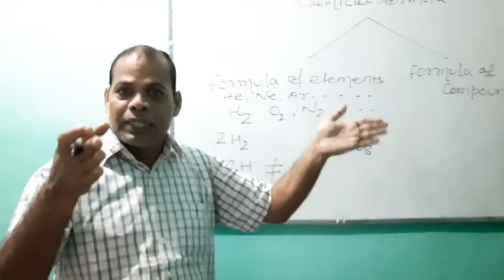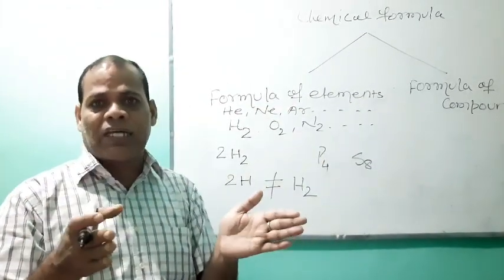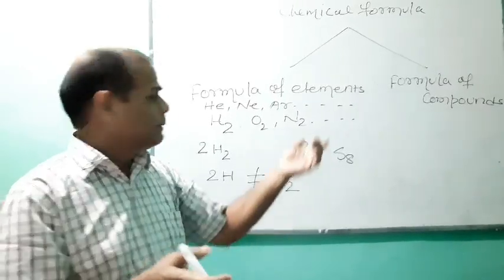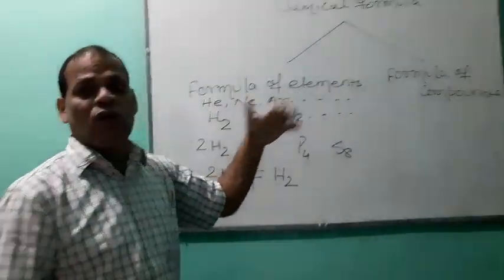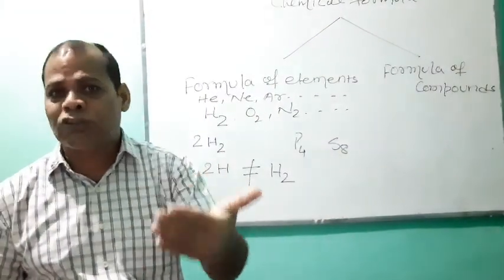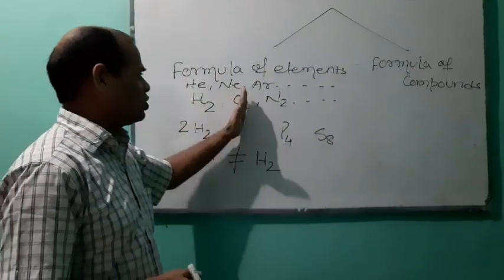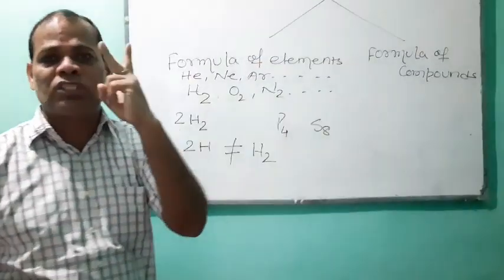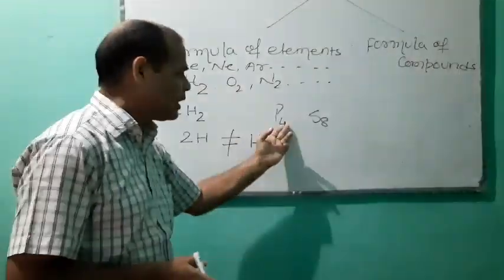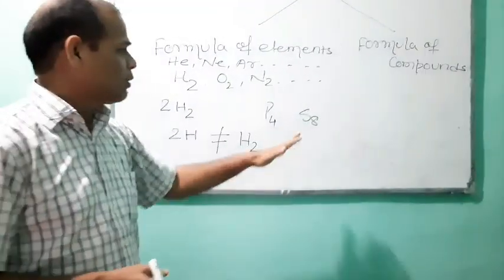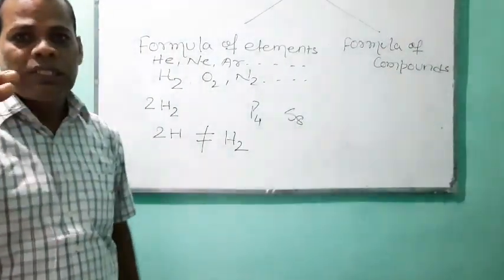So when the atoms of an element exist in a molecular form, that depends on their atomicity. As I said, hydrogen, oxygen, and nitrogen have atomicity 2. Phosphorus has atomicity 4 and sulfur has atomicity 8.